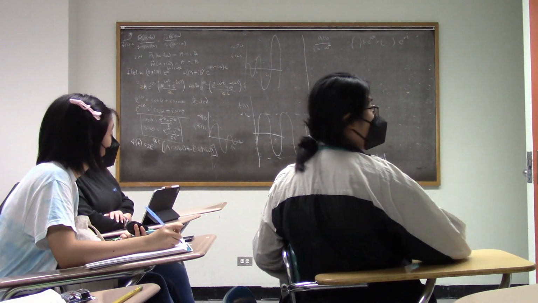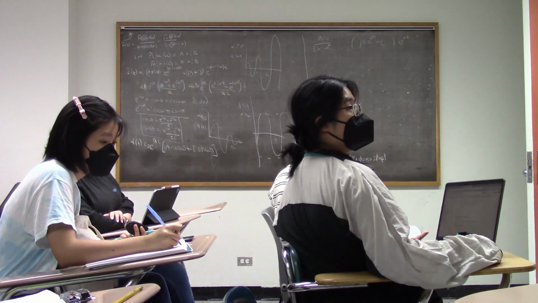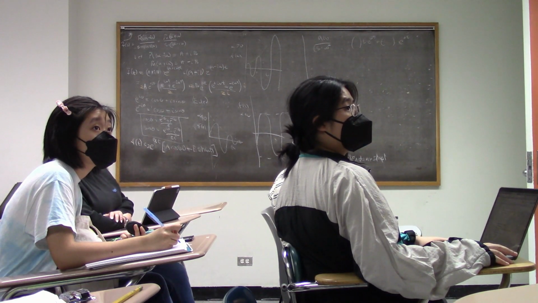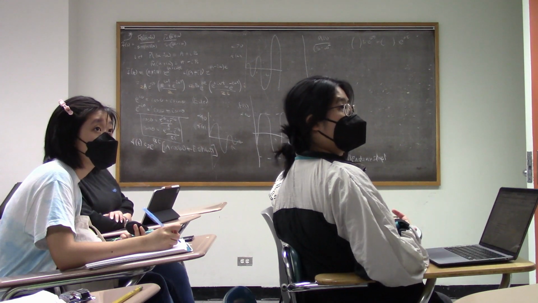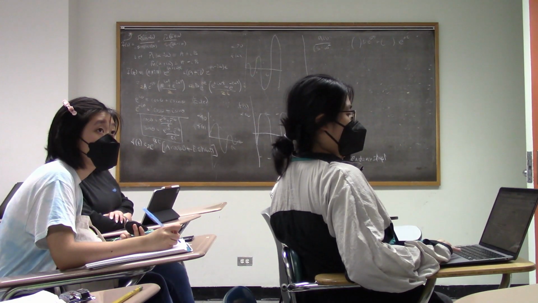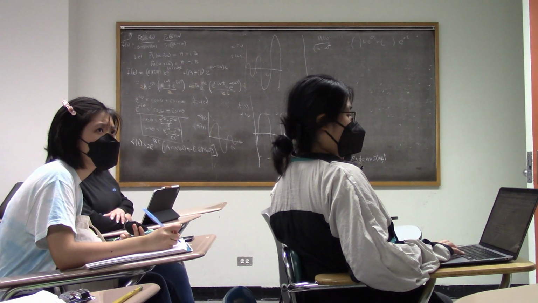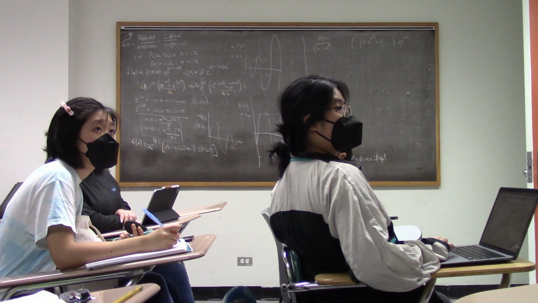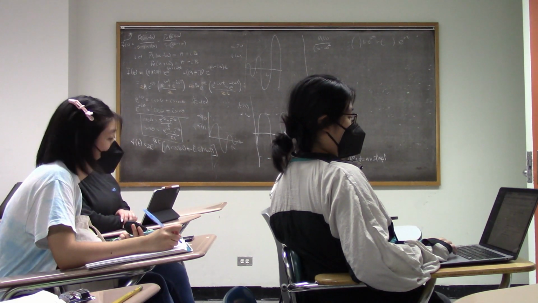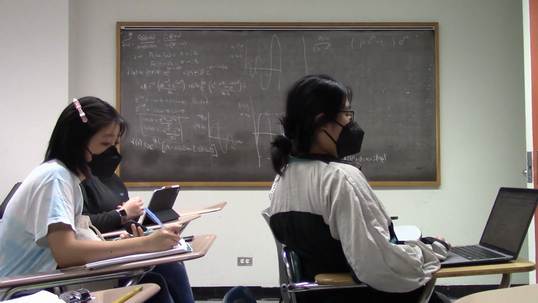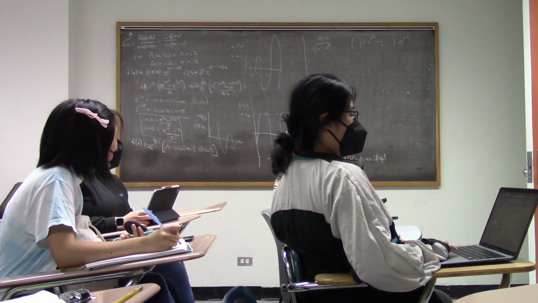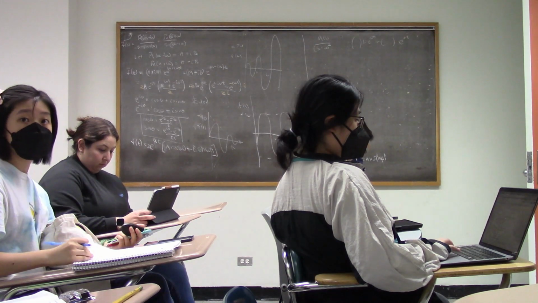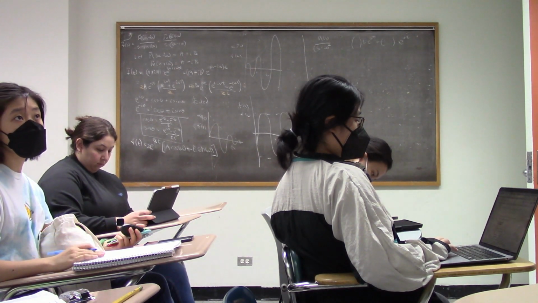Because notice, when j is 1, then t to the j minus 1 is 0, but when j is 2, n plus 1 in this case is 2.